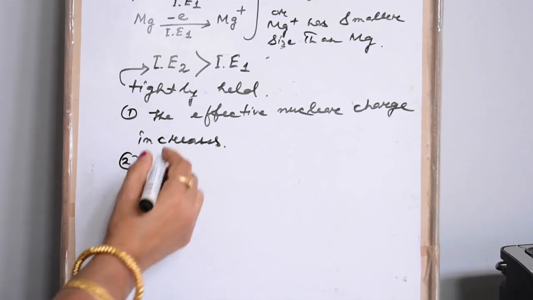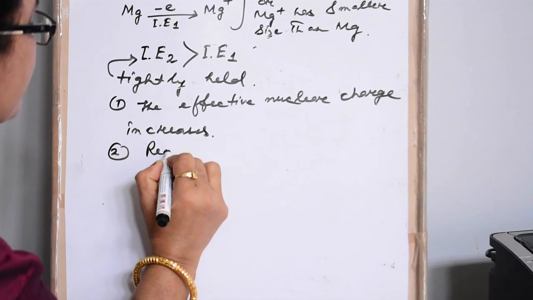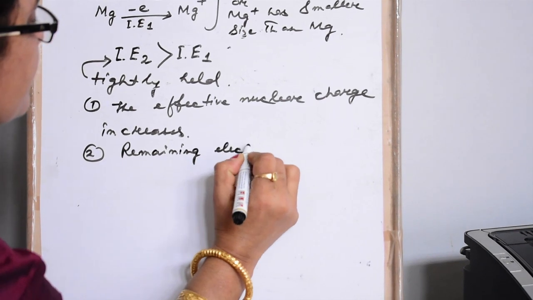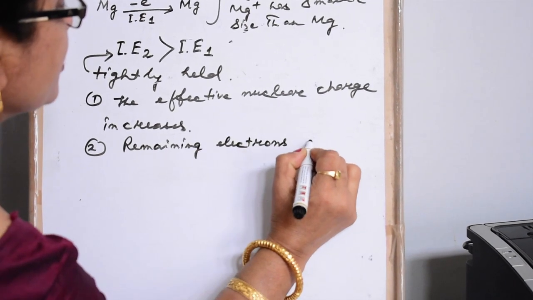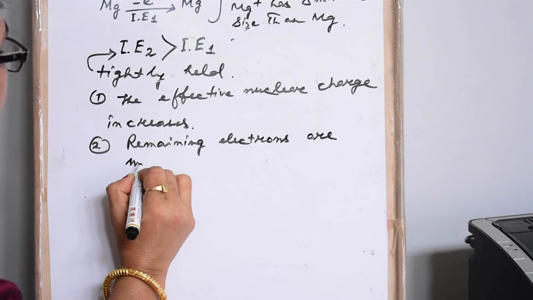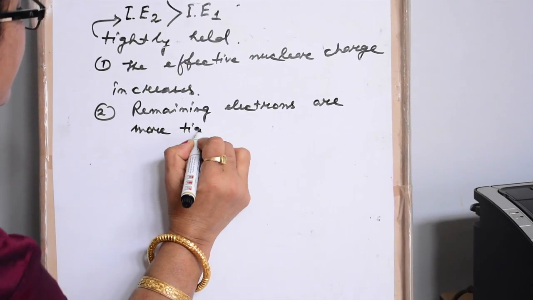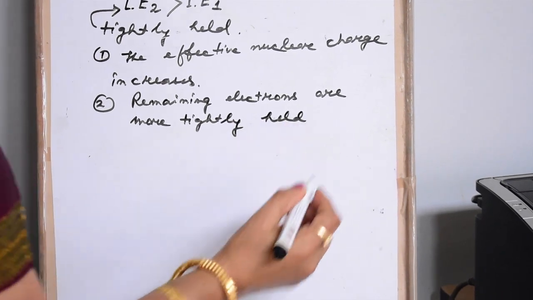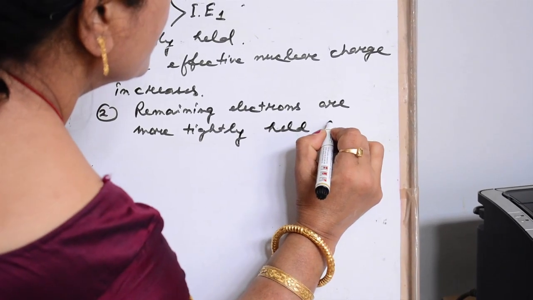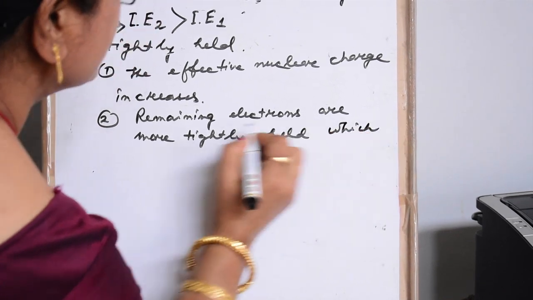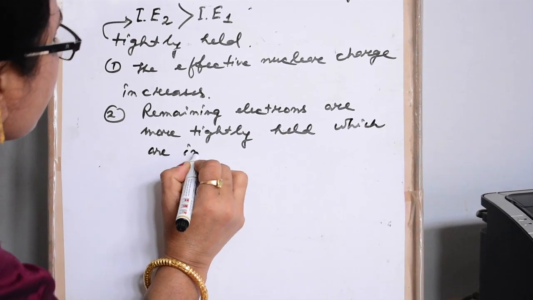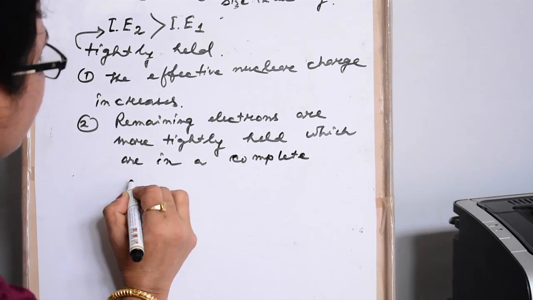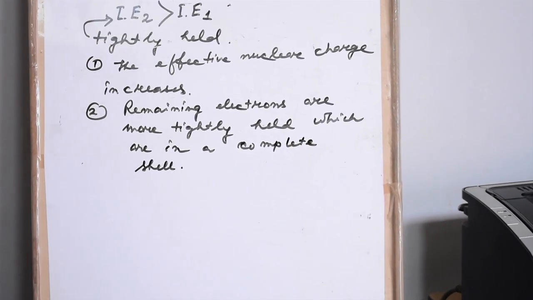Number 2, the remaining electrons are more tightly held, which are in a complete shell.